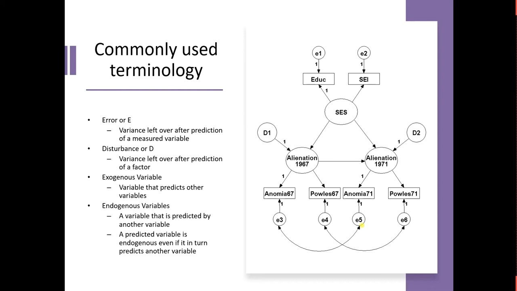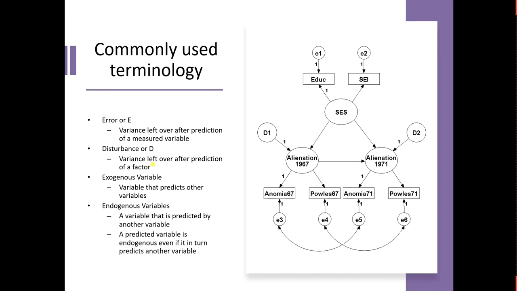But a similar term also exists, which is also the leftover variance after prediction of a factor, but that is called disturbance. I will make a distinction between these. When we call a leftover or residual variance as error variance, and when we call the leftover or residual variance as disturbance. Another term is exogenous variable.